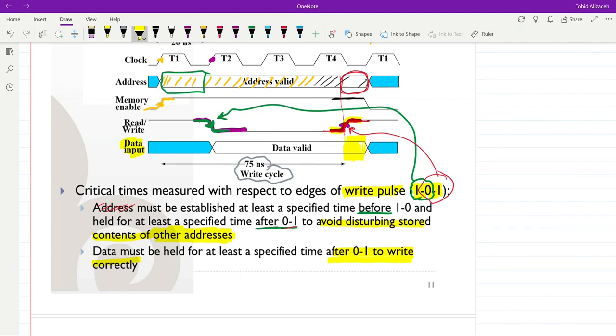And data valid is also provided here together with the 10 of the read-write control input. So at the same time that we have the read-write going to 0, the data should be valid. The data that we want to write into the memory should be valid, and it should remain there for a specified time after 01 for the read-write control.